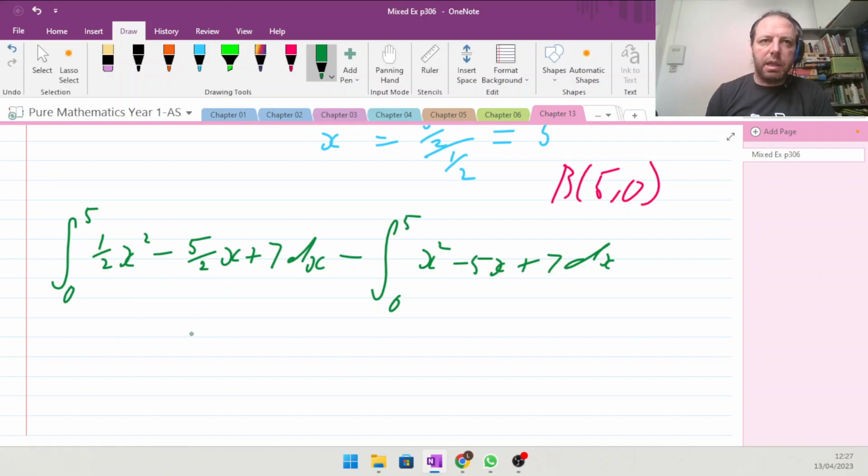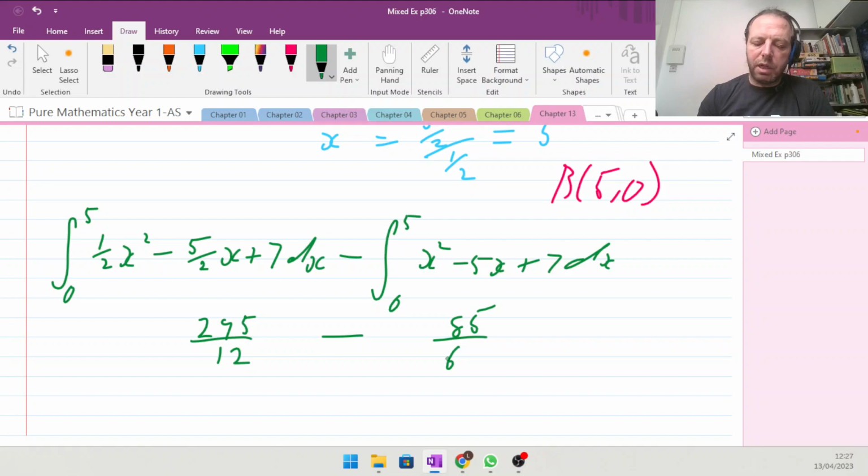The calculator tells me that one comes out as 295 over 12. Take away, putting in this one then, the integral of x squared minus 5x plus 7, and again it's between 0 and 5. And that tells me it's 85 over 6.